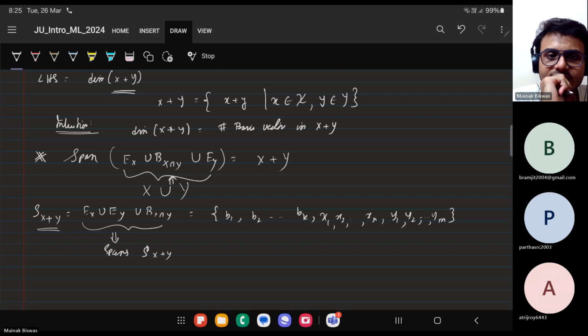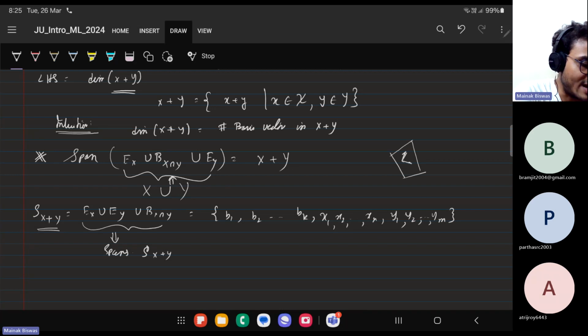Spanning is any element in a set has to belong to, any vector in a subspace must belong to the linear combination of its basis vectors or spanning vectors. So if a plane is your subspace, then these are your spanning vectors.